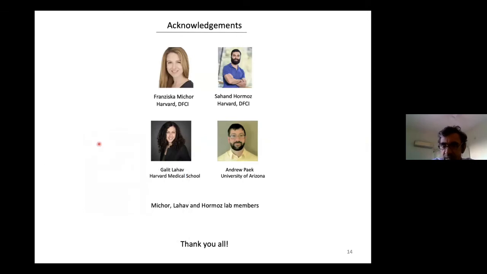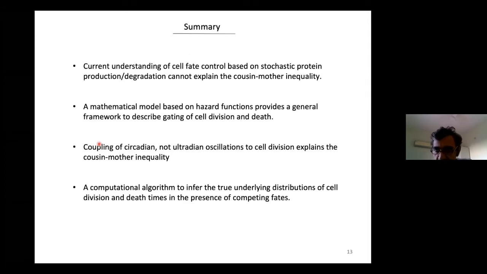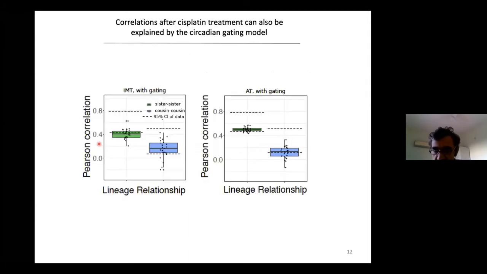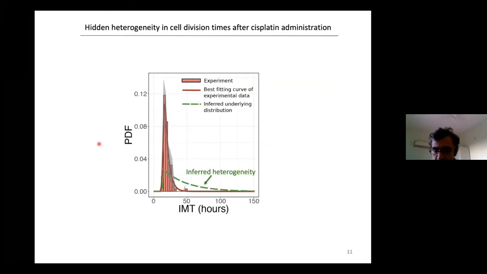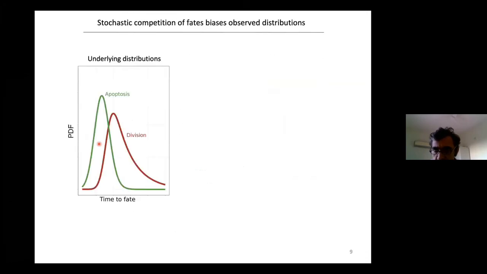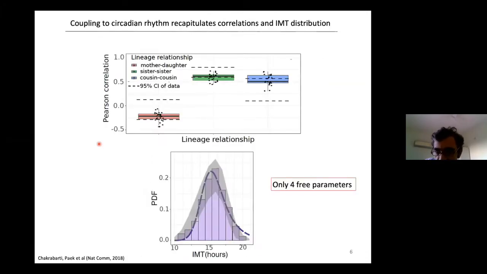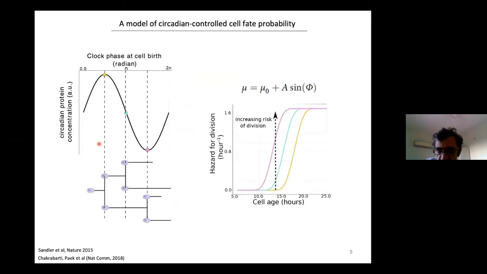She's saying, let's say that they divided at the same time. I guess this is a follow-up from an earlier question, about the daughter cells. Let's say they did divide at the same time, then won't the mother-cousin correlations become more important?